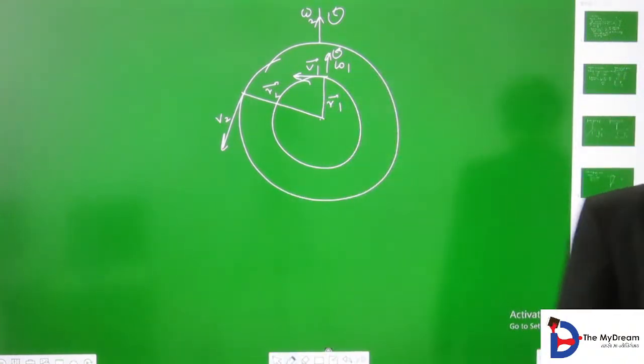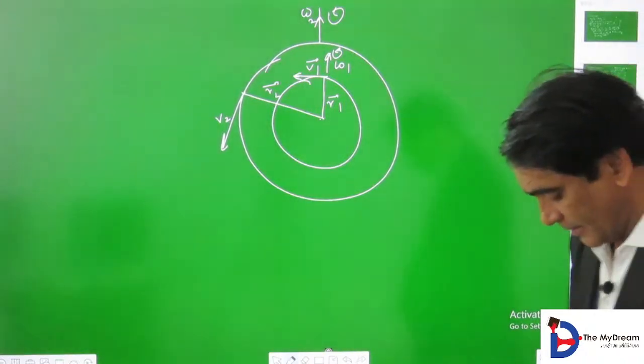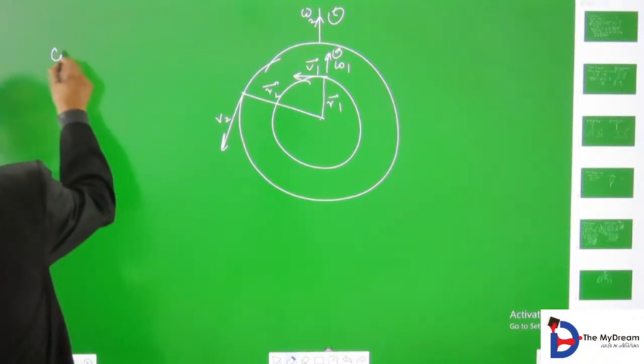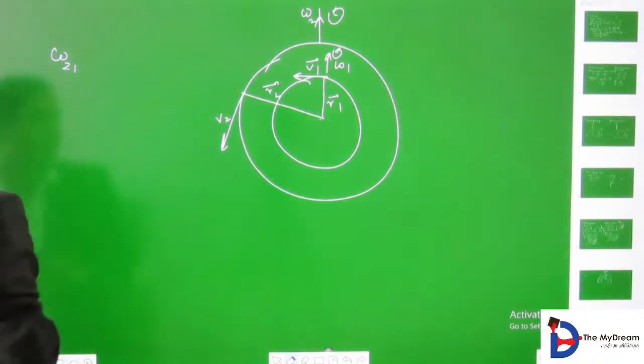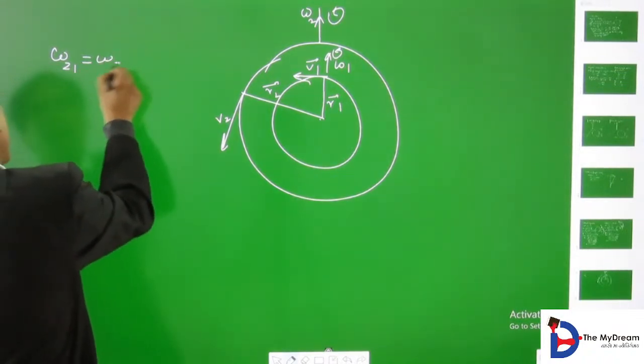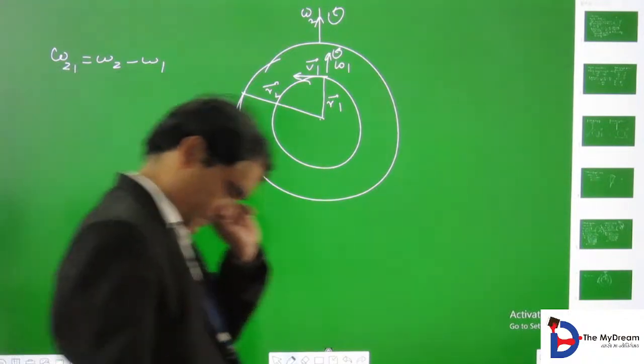रिलेटिव वेलोसिटी डिस्कस अगर करें तो कैसे करें? एंगुलर वेलोसिटी ऑफ 2 with respect to 1, that is omega 2 minus omega 1. कोई डाउट?